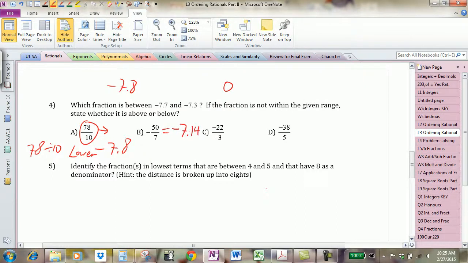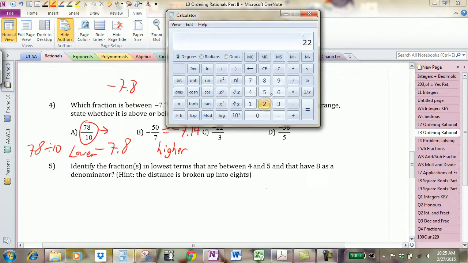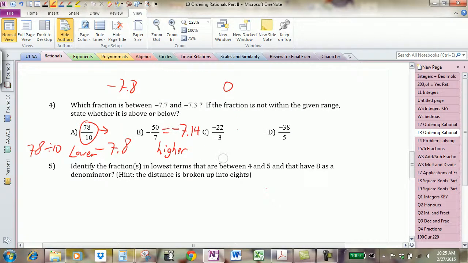Higher, lower, in between? Higher. Okay, it's above. Okay. What about C? Above or below? Yeah. Why did I waste my time with the calculator? Yeah, exactly. It's like crazy high.